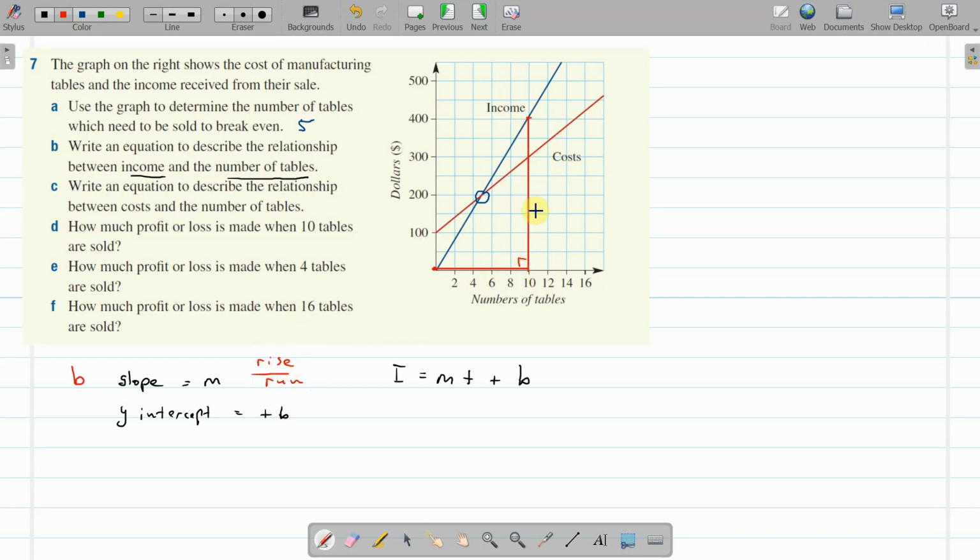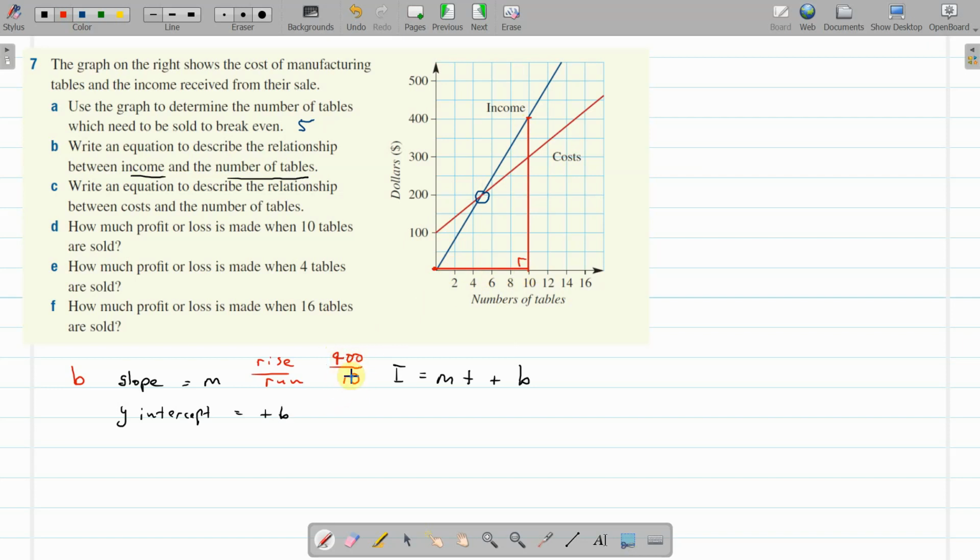How much it changes in the vertical is the rise. How much it changes over the horizontal is the run. So what's our rise? It's going from 0 to 400 between those two dots. So the rise is 400, and the run is from 0 to 10.